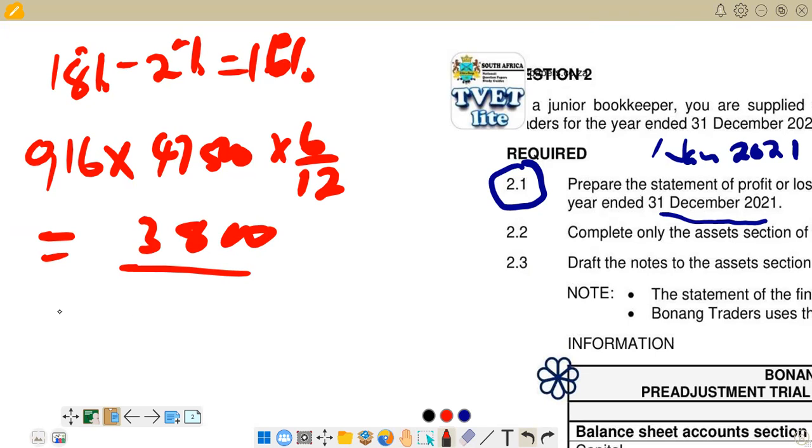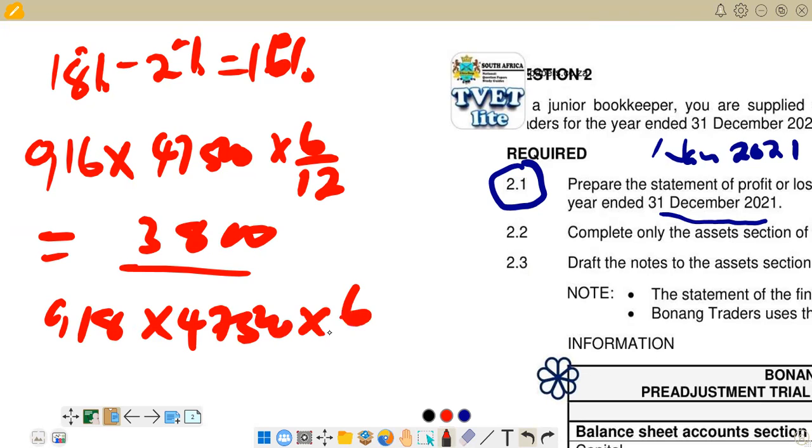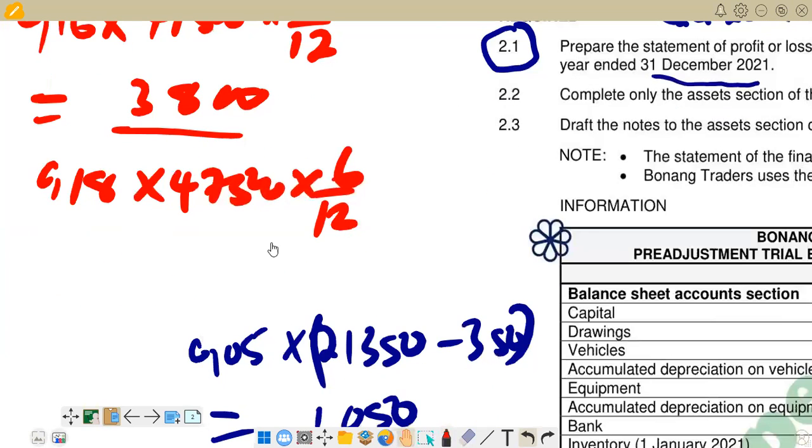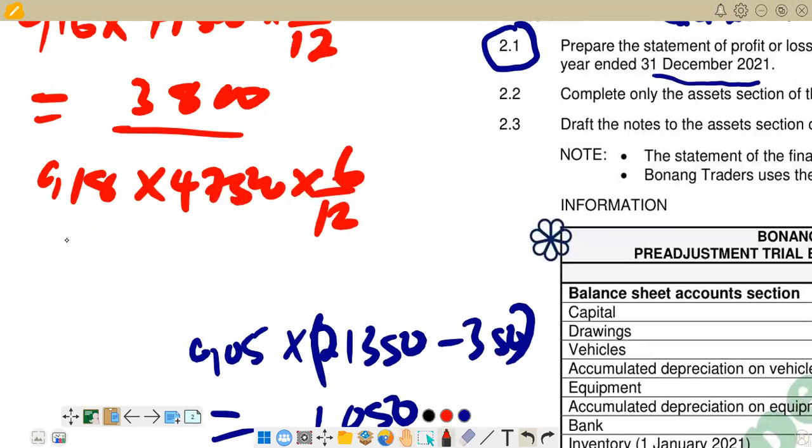Then after it was 18%, so you're going to say 0.18, which is 18% as a decimal, times 47,500. Then you multiply again by 6/12 because it was also 6 months there. Then you calculate it correctly there, you're supposed to get 4,275. So for the total interest, you are now saying this one plus this one, 3,800 plus 4,275. Then you get your total for interest.